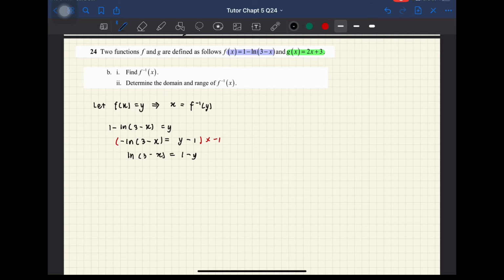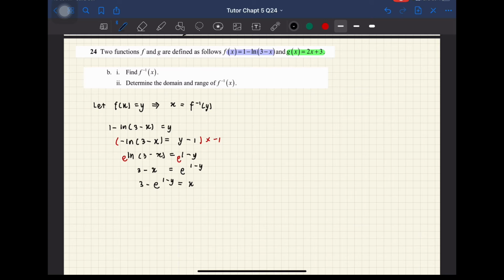Okay, so nak hilangkan ln, kita akan letak exponent. So exponent over here, exponent over here. So you will have 3 minus x is equal to e to the power of 1 minus y. Macam tu. Okay, so nak x sahaja. So kita akan dapat 3 tolak e kuasa 1 tolak y sama dengan x.